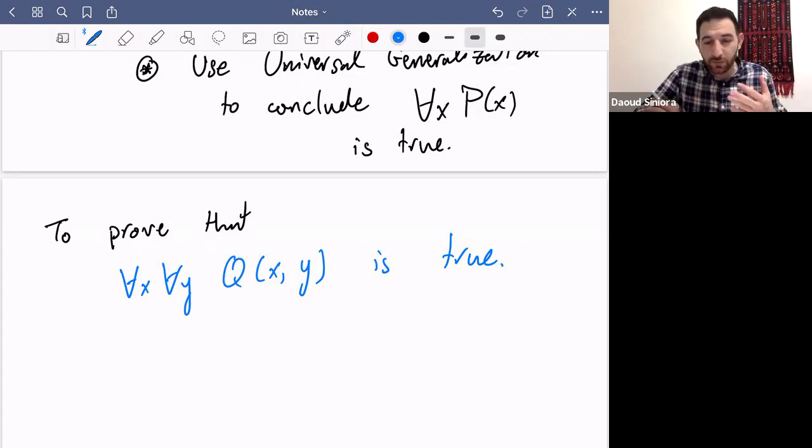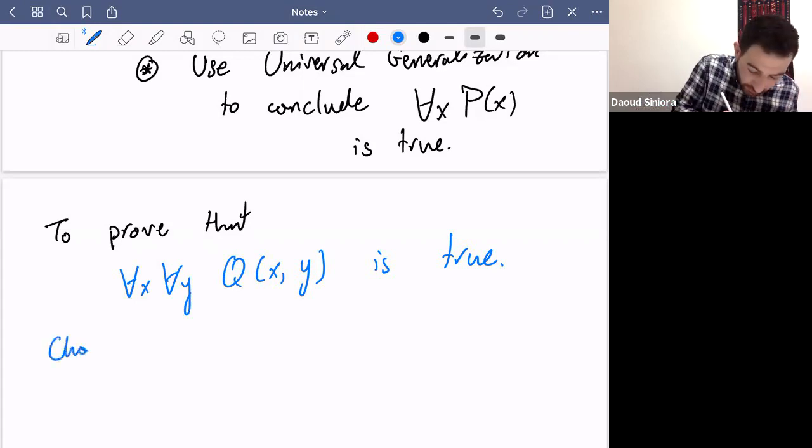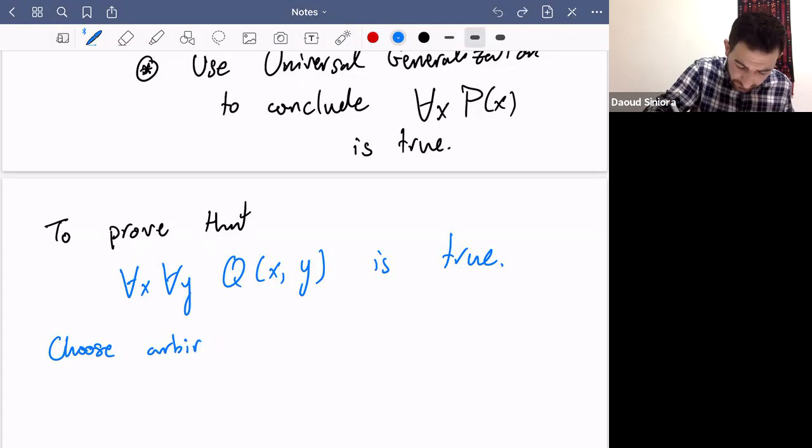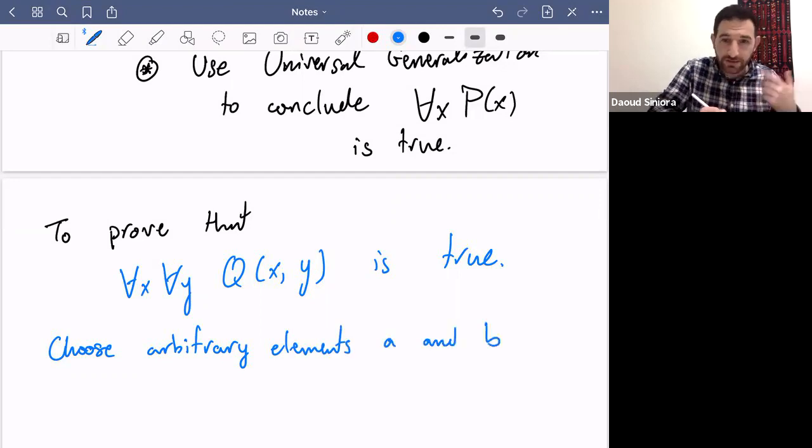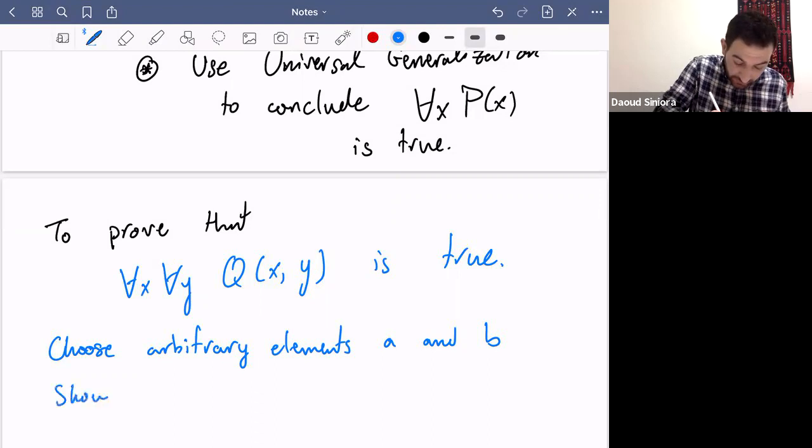To prove this, we follow the same strategy. We choose arbitrary elements A and B in the domain, and then use the axioms, previous theorems, rules of inference, and then you show that the pair A,B has the property Q. So show that Q of A,B is true.